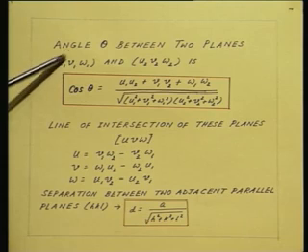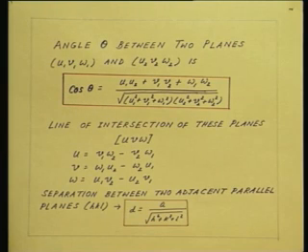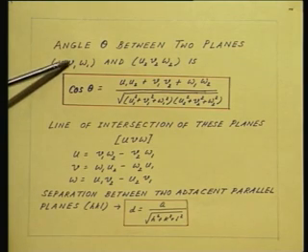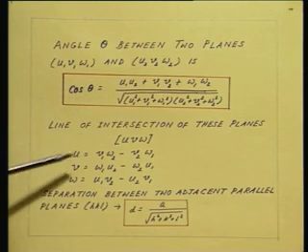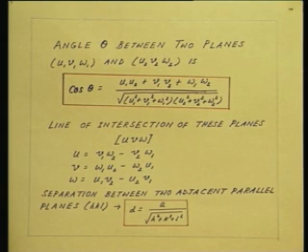First of all, when two planes meet, the angle between the two planes, if I call this angle theta, between two planes u1 v1 w1 and u2 v2 w2, where by u v w I actually mean the Miller indices, it can be 1 0 0, 1 1 1 etc., is given by this relationship: cos theta equals u1 u2 plus v1 v2 plus w1 w2 divided by the square root of u1 square plus v1 square plus w1 square multiplied by u2 square plus v2 square plus w2 square.